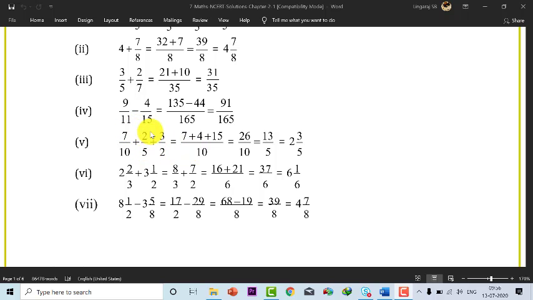So 5 into 2 is equal to 10 and 2 into 5 is equal to 10. So from those we should multiply to the numerator. 7 into 1 is 7 and 2 into 2 is 4 and 3 into 5 is 15. So the sum of these three numerators is 26 by 10.